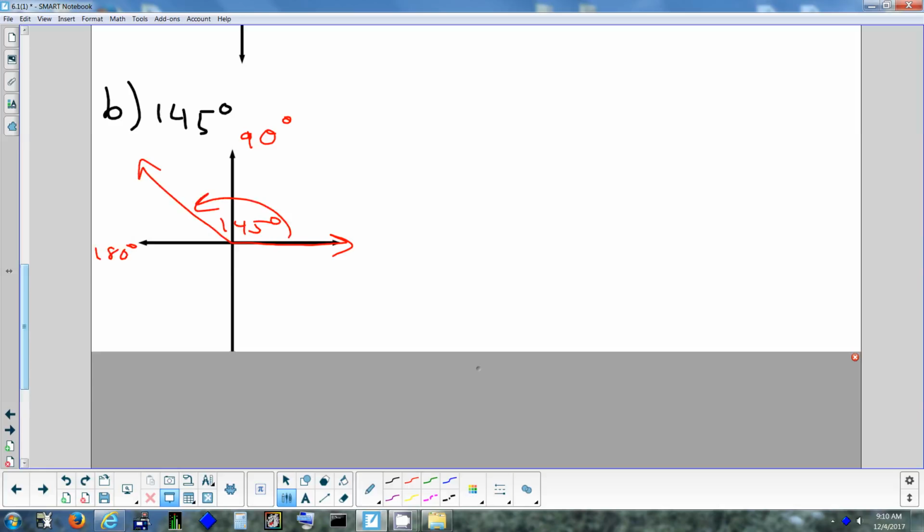Okay, now we'll find two angles that are coterminal. Positive, negative. So Dylan, what would be a coterminal angle for 145 that's positive? 505. I think, so if you take 360, oh wait a minute, no, you're right, I'm wrong.